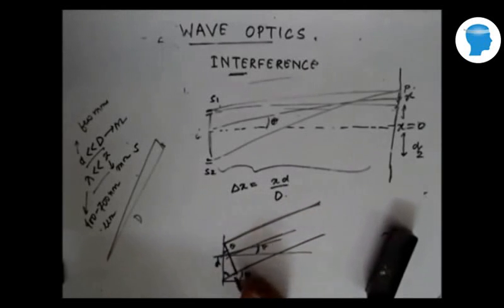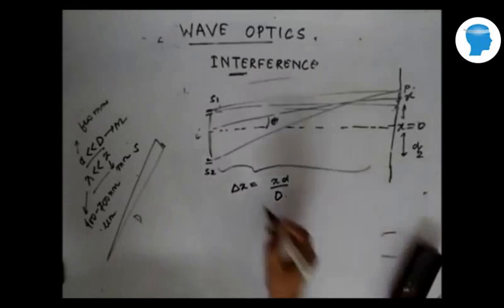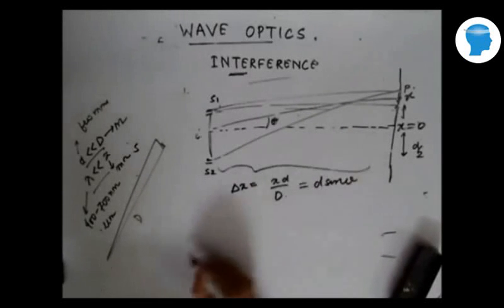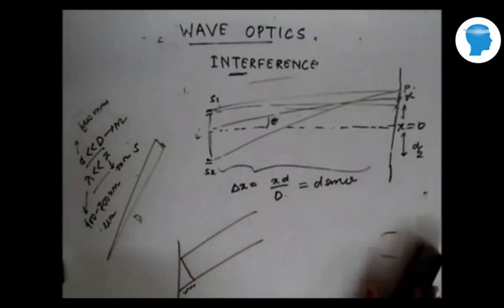So what is this distance? This distance you can write as d sine theta. So the path difference is also equal to d sine theta. This distance is the path difference between the two waves, so it is equal to d sine theta.